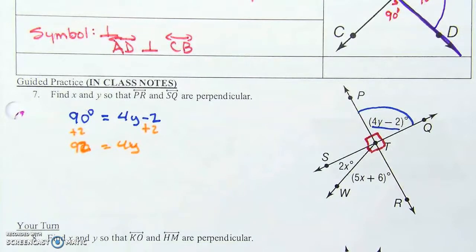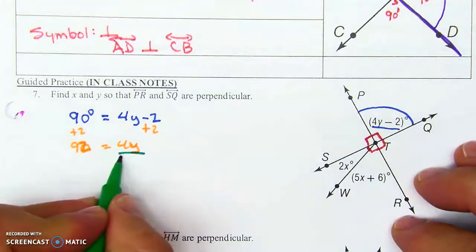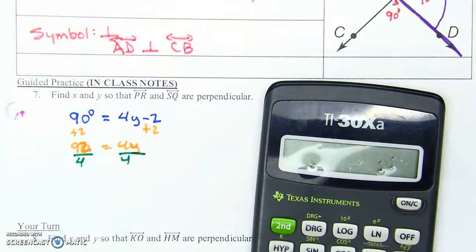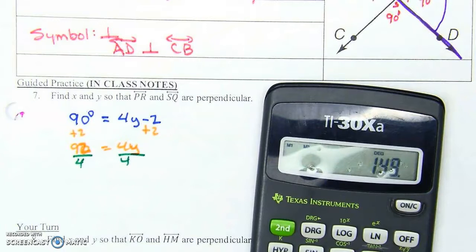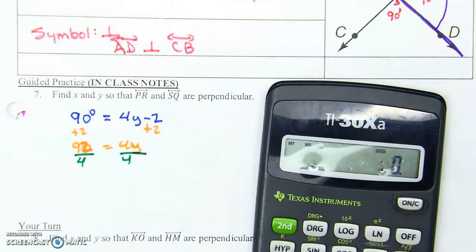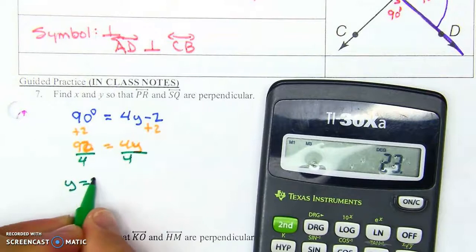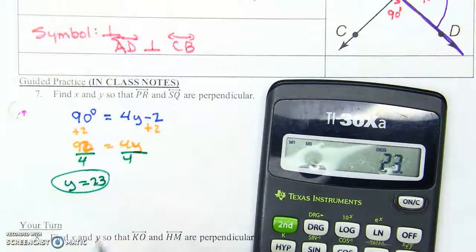Then we divide both sides by 4. Get our handy dandy calculator, clear out. 92, remember, it's 92, not 90, divided by 4 gives me an answer of y equals 23. So there's our first answer.